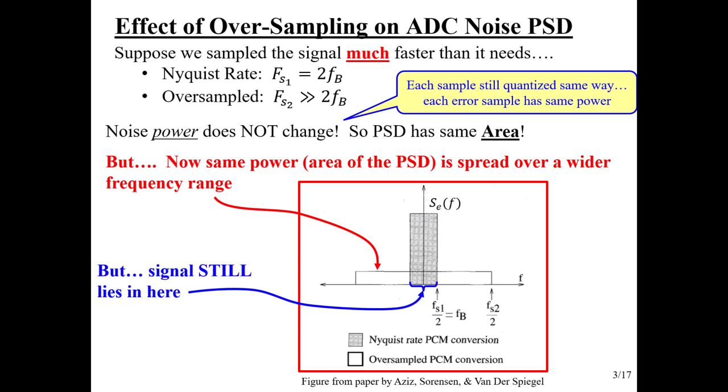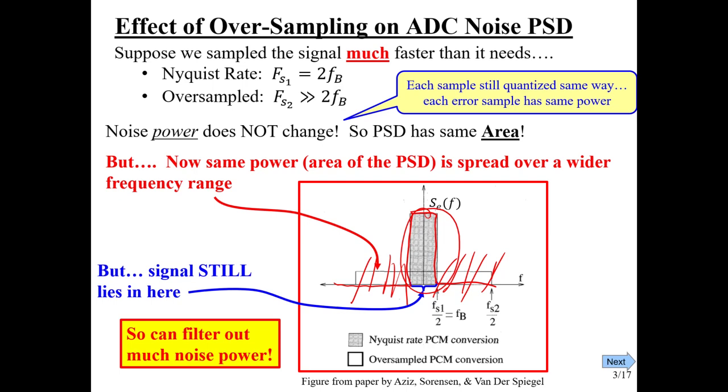So the signal still lies there. There's no reason why I can't put a filter on here. And now that stuff is all gone. But the signal power is the same. So let's analyze this scenario where we filter out the noise power.